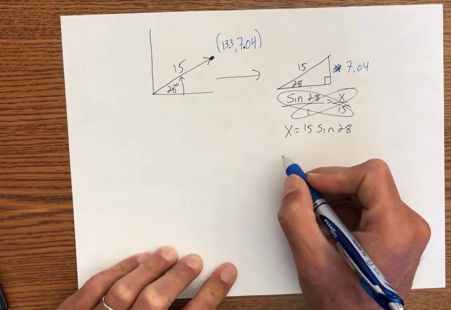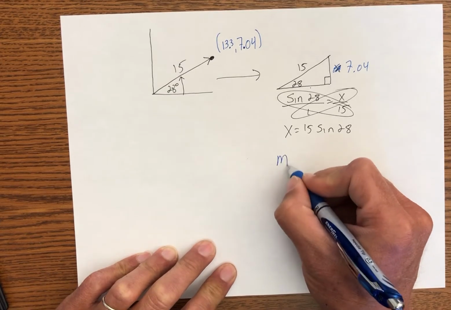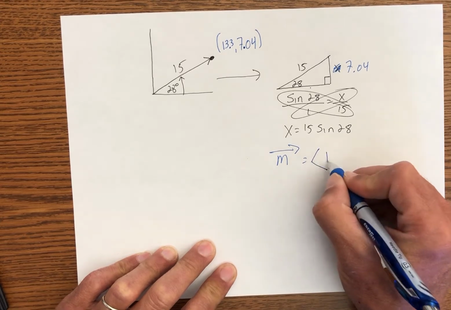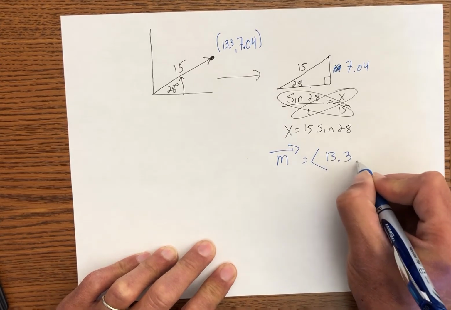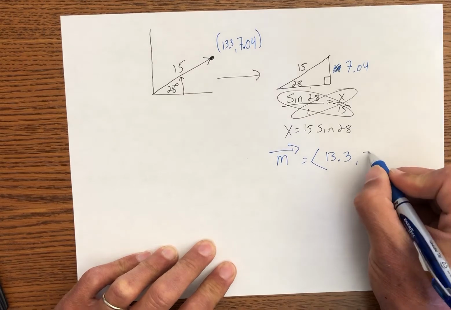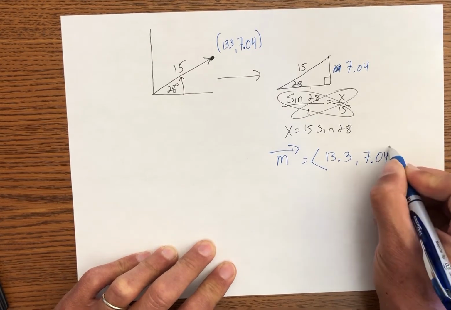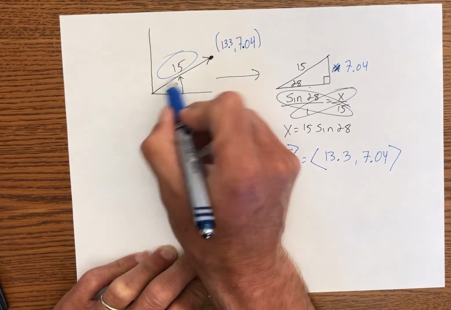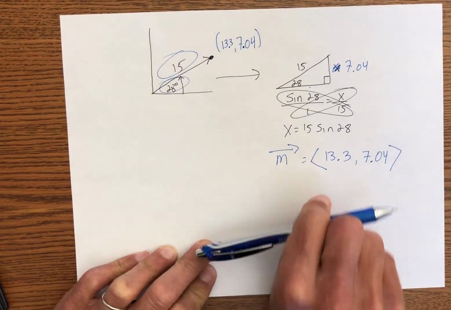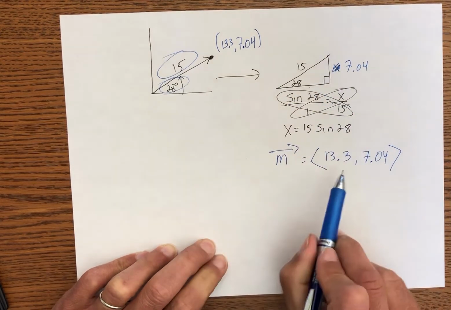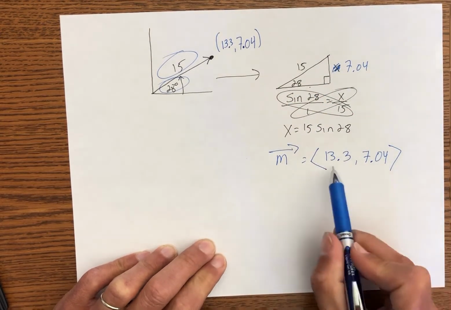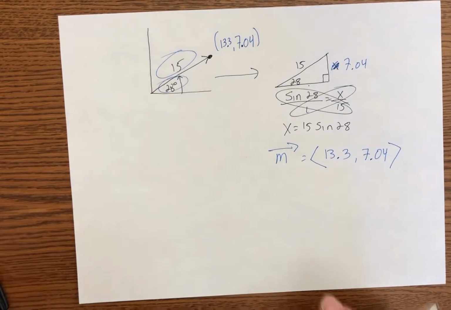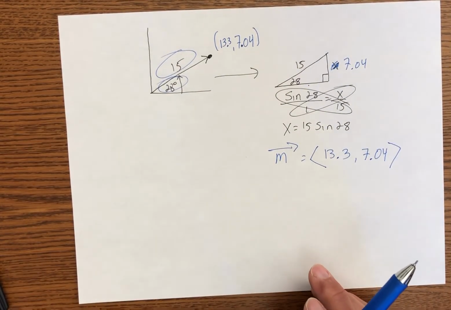Okay, so if I write this in vector form, vector m has moved approximately 13.3 units, 7.04 units up, and its magnitude is already stated. The direction is 28 degrees. It's moved up 28 degrees, and this is component form, or think of component form as describing the vector. Okay, next one.